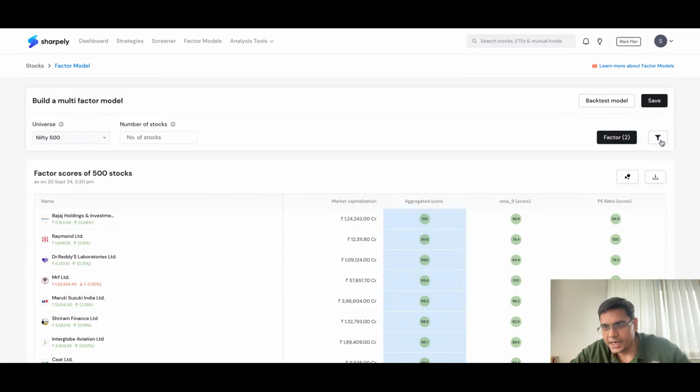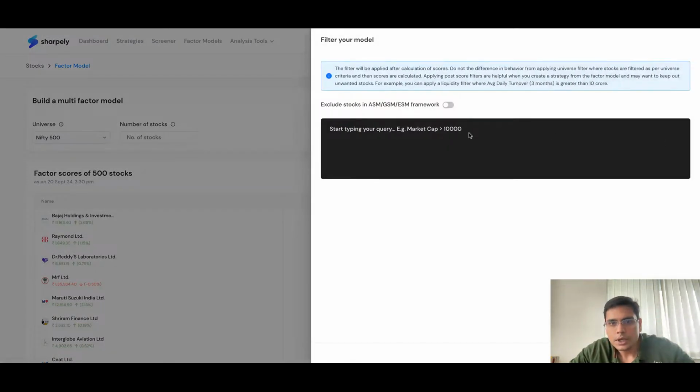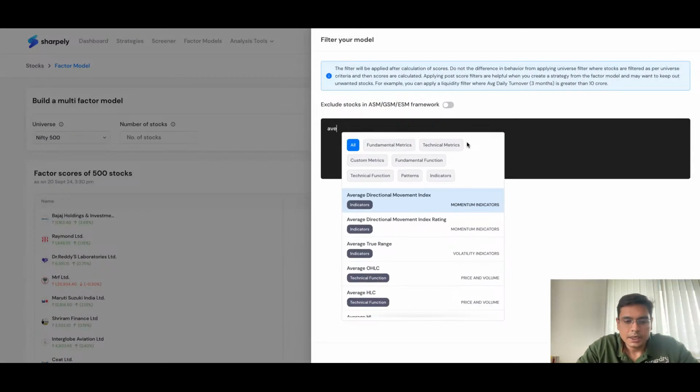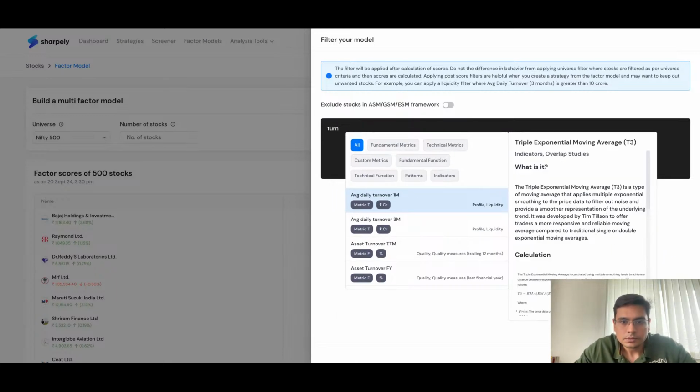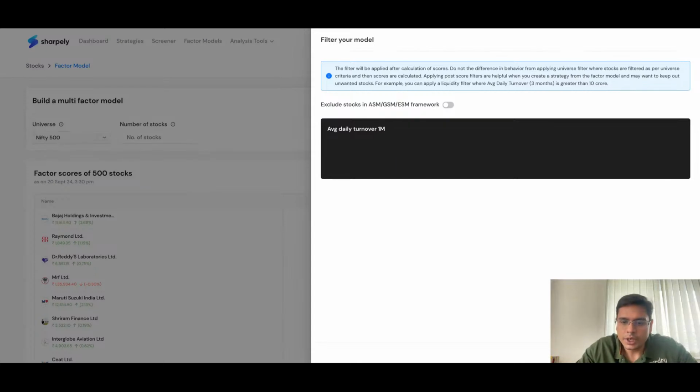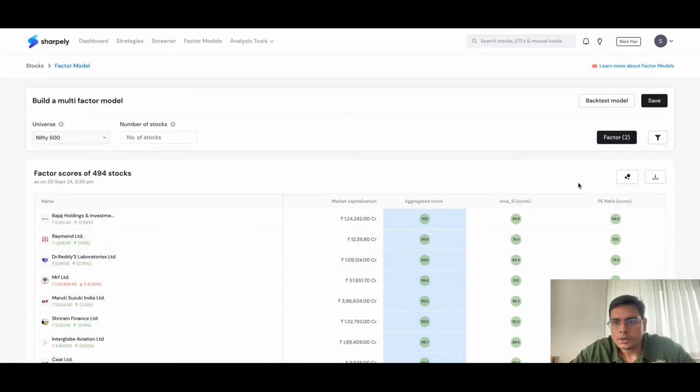So you can create a post score filter, say last 1 month turnover is greater than 10 crore. So that filters out 6 stocks.